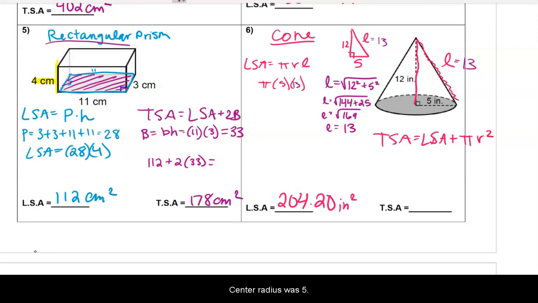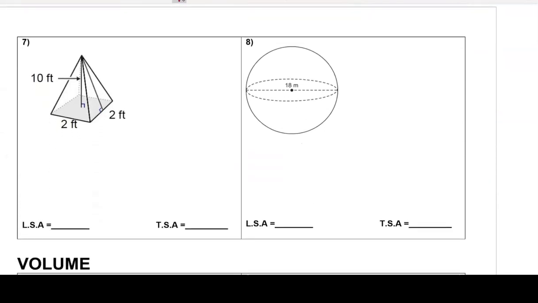We said our radius was 5, so pi 5 squared plus our lateral surface area, which was 204.2. Putting those together, we get 282.70 inches squared. Awesome. I'm sure you're doing a great job on this.